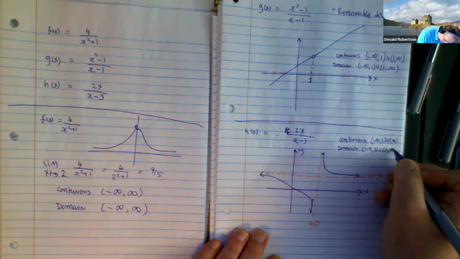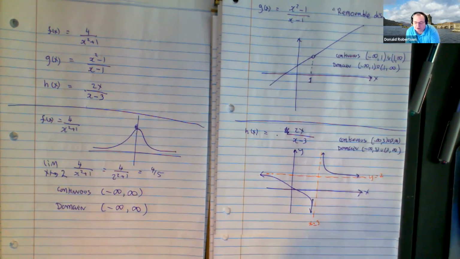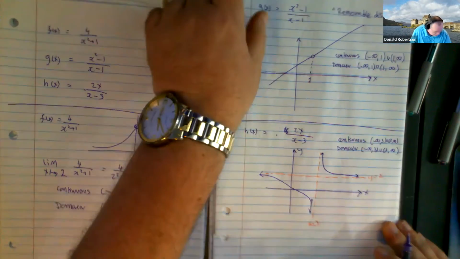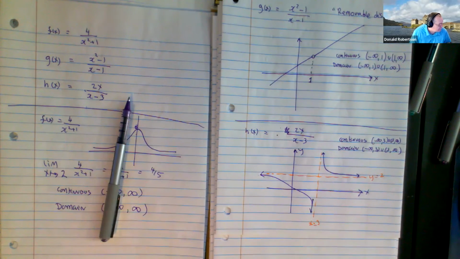So here's a property, again about fractions. The domain and the region where it's continuous are the same thing, right? The places where the domain exists, the function will be continuous there. So far, so good.